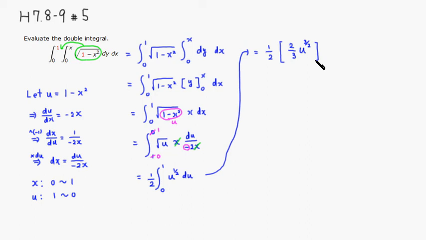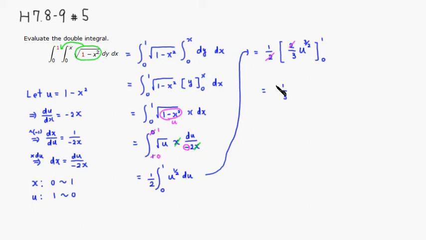Then you're going from 0 to 1. So we can cancel the 2 on the bottom and the 2 on top. What we get is 1/3 times 1 to the 3/2, which is 1, minus 0. So it's going to be 1/3.